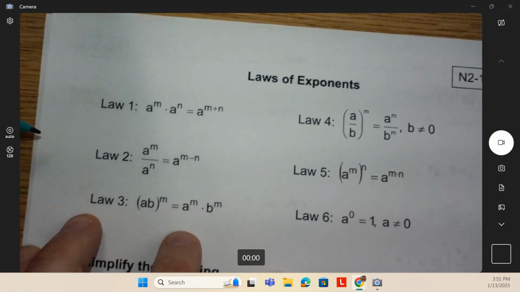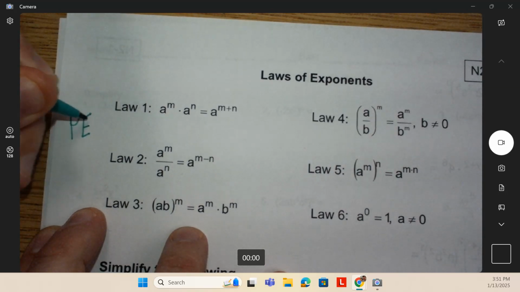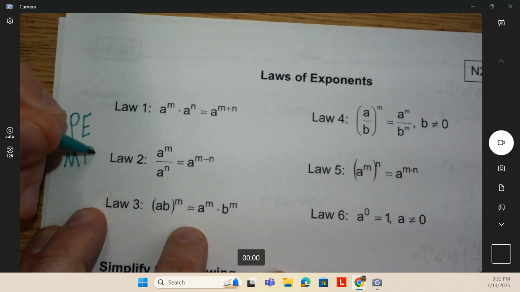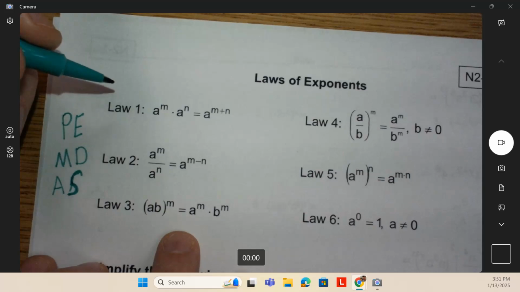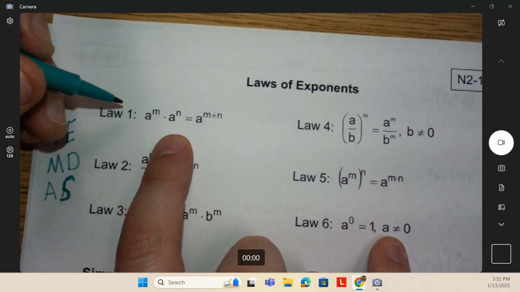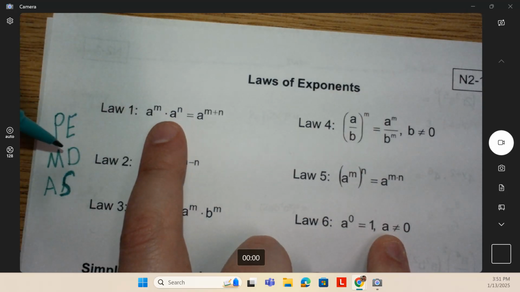So what we're looking at here is, if you remember your order of operations, so parentheses and exponents go first, then multiply, divide, then add and subtract. When I'm working with exponents, so when I'm looking at a to the m times a to the n, I'm multiplying.